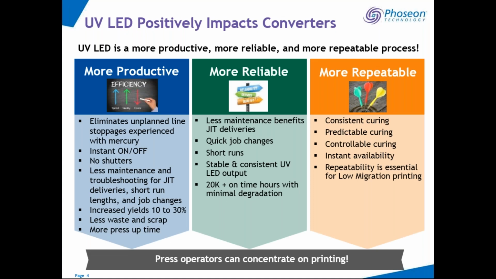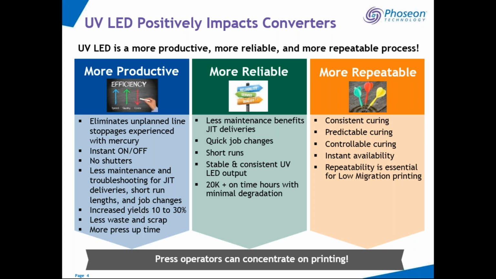And what we are finding as we do implementations of UV LED, and especially in the flexographic market, is that the real benefit of LED comes from the side of more productive. So the ability to really increase the amount of output that your presses are able to generate on a daily basis, whether that's minimal maintenance that is needed so they can run longer, or increased yield.